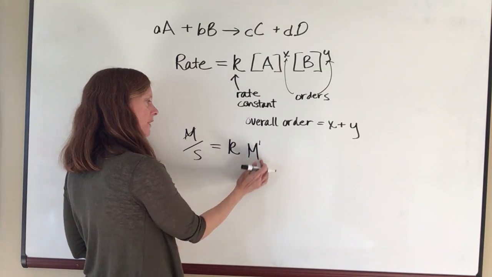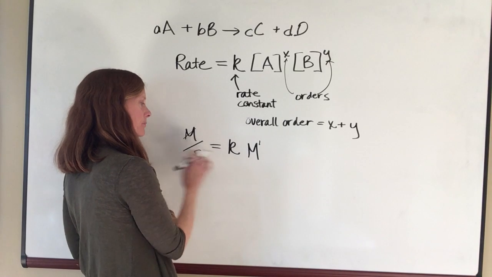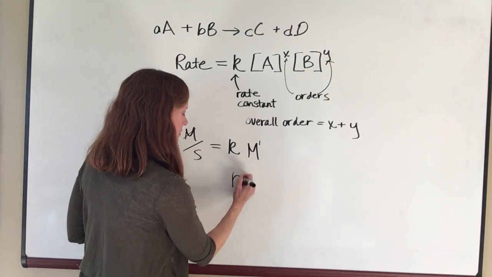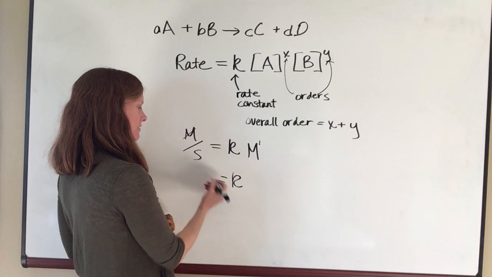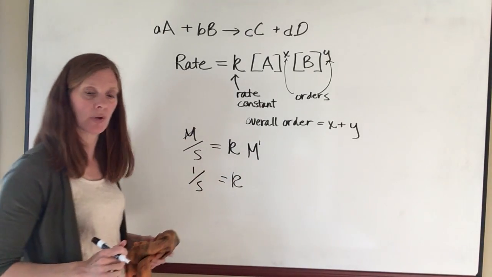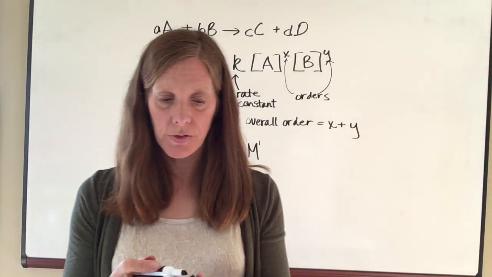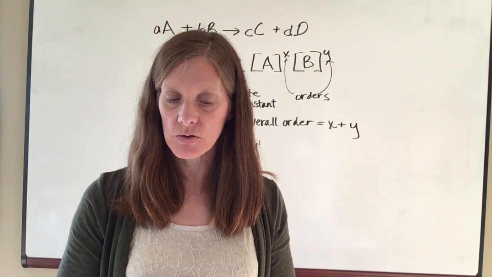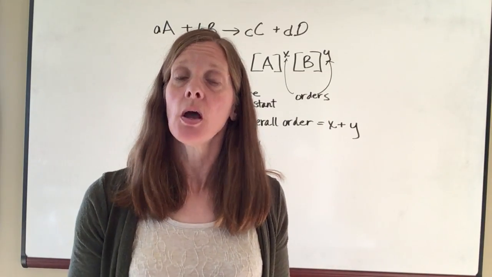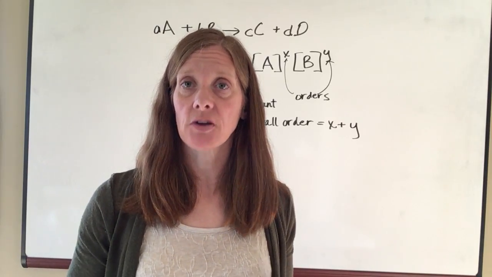So I have molarity on this side, I have molarity per second on this side. I'm going to divide both sides by molarity. So in this case, my rate constant is going to have units of 1 over seconds because both of the molarities will cancel out. Okay, we're going to do a whole lot more with the mathematics of reaction orders in the next video, but this one will get you started to at least determine what the units are on your rate constants.